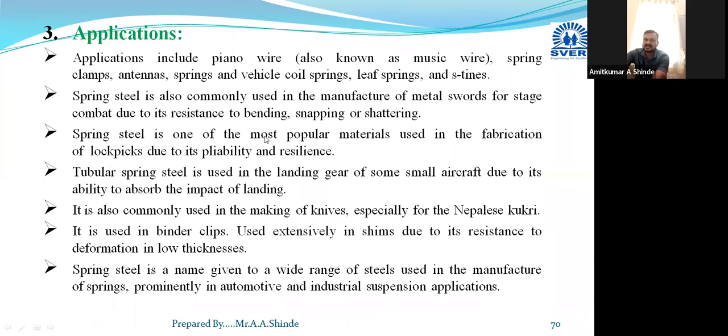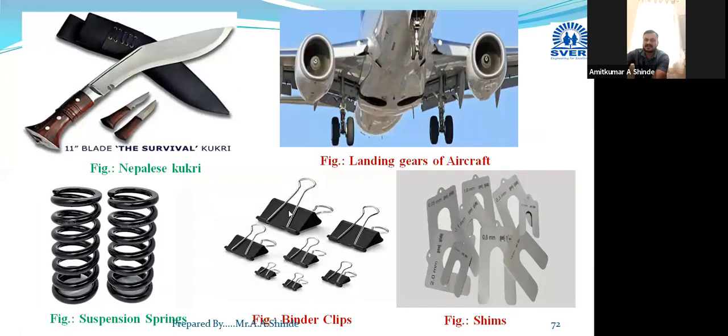These spring steels are the most popular material used in the fabrication of lock picks due to their pliability and resilience. Then I will show you some other applications instead of reading it.